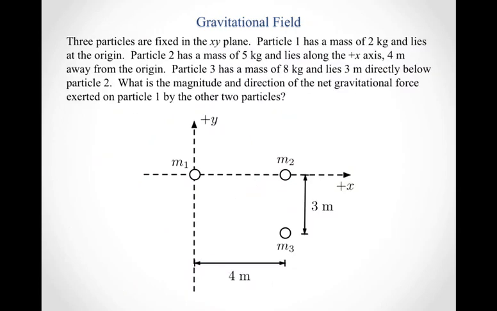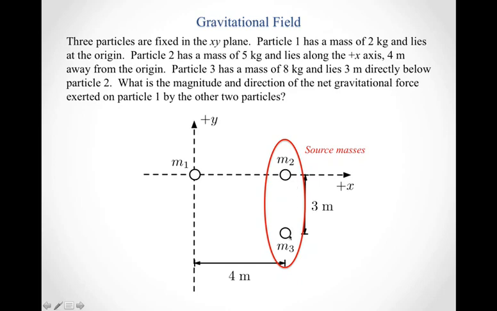So let's think about problems that we've been working. When we talked about the gravitational force, we worked through an example problem where we said we're interested in calculating the net gravitational force exerted on particle 1 by the other two particles. In terms of thinking about the gravitational field, this gives us a way to reframe this problem. Masses 2 and 3 here are your source masses.